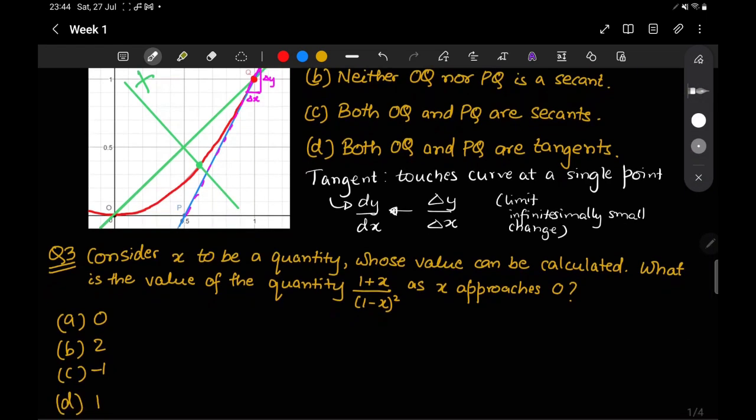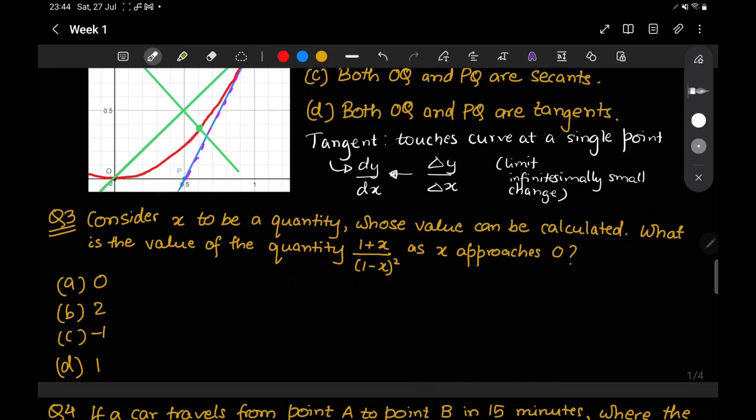Consider x to be a quantity whose value can be calculated. What is the value of the quantity 1 plus x over 1 minus x squared as x approaches 0? Once again, I have started the poll. Please take some time to answer.